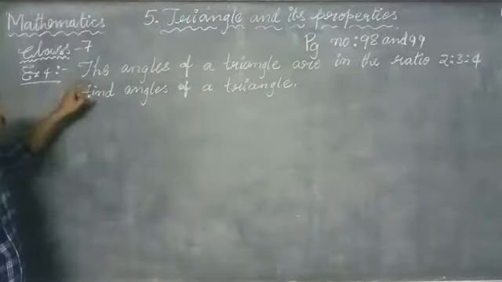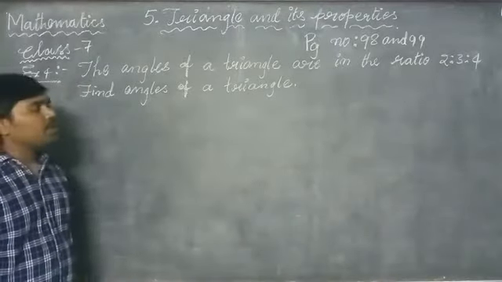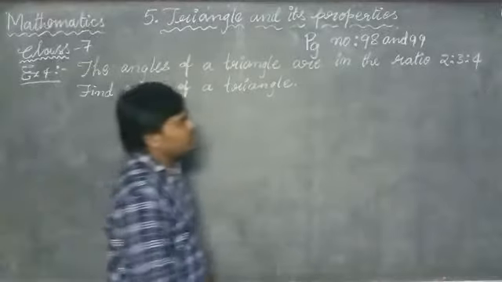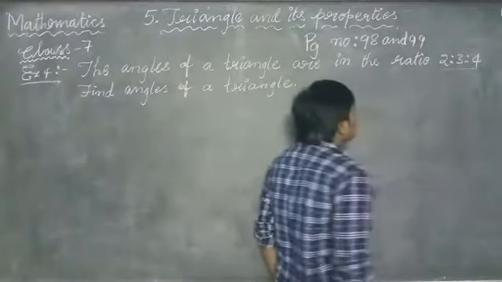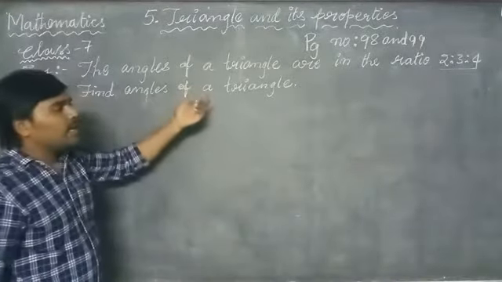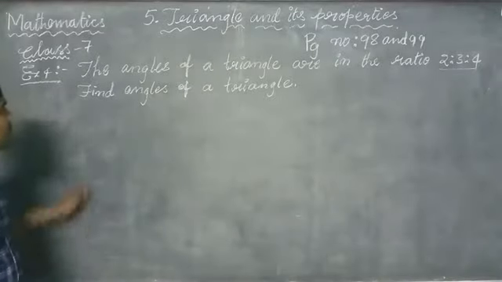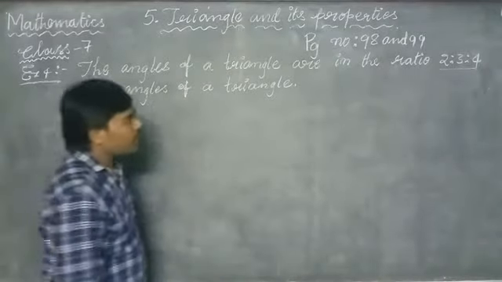Example 4: The angles of a triangle are in the ratio 2:3:4. Find the angles of the triangle. Okay.